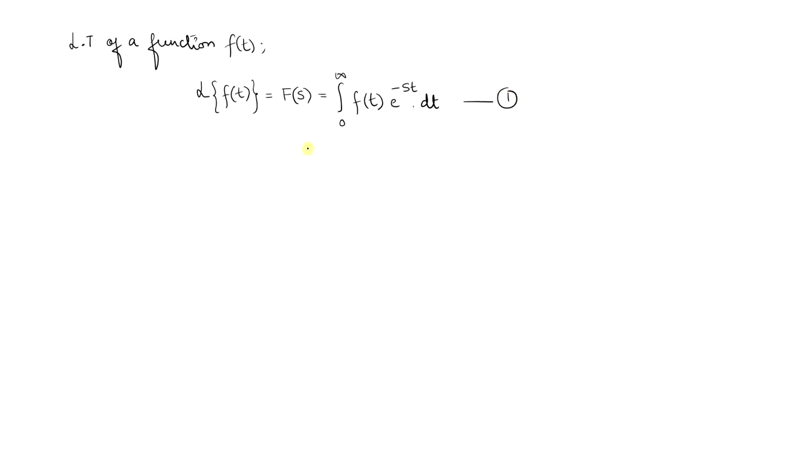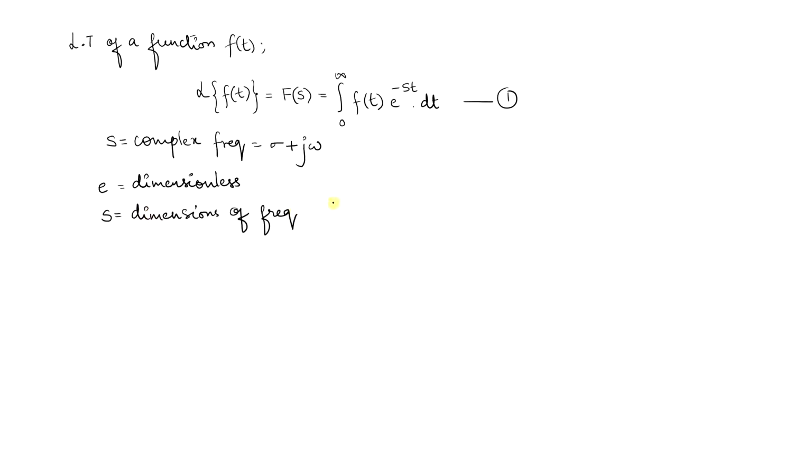In this case, this s is basically a complex frequency which is equal to sigma plus j omega. In this equation 1, the exponential term is dimensionless, but s, the complex frequency, has dimensions of frequency, and the unit is second inverse.